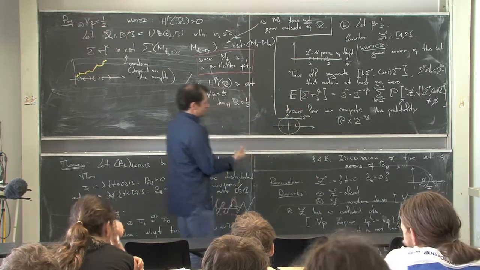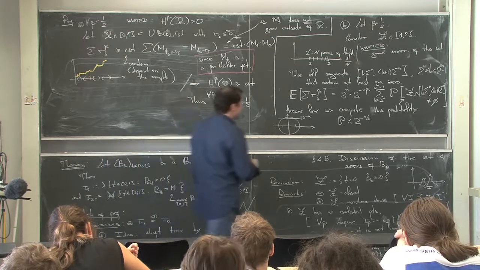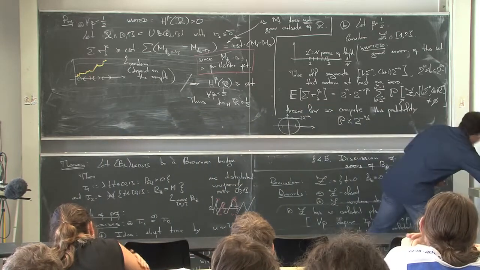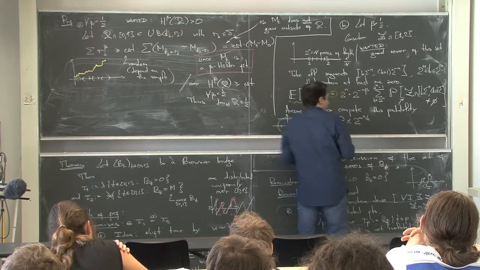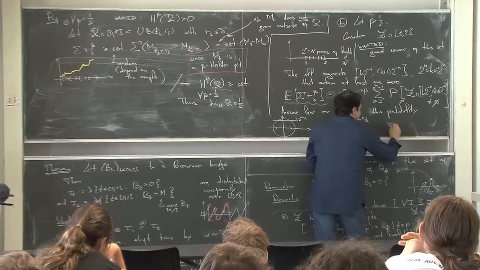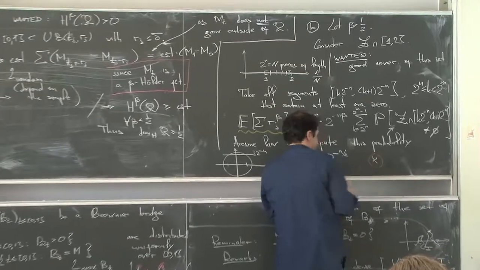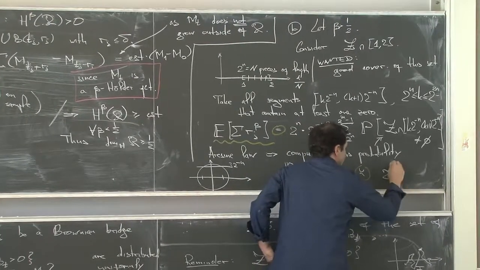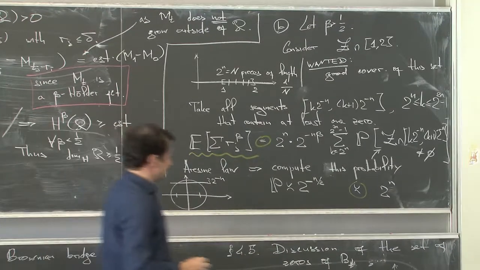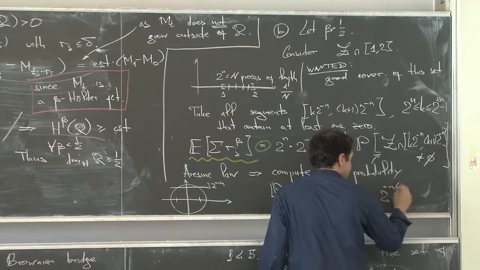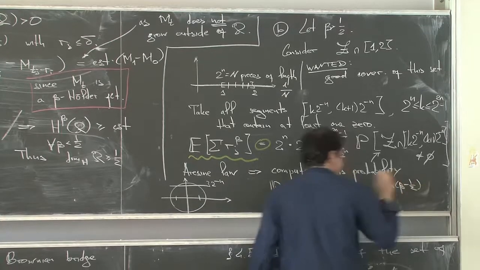So altogether, what we have is that this expectation is of order 2^(n/2 - n beta), that is, 2^(-n beta - n/2 + n).